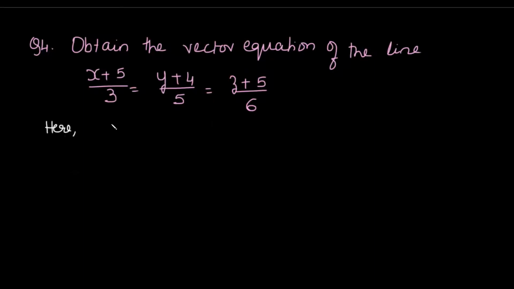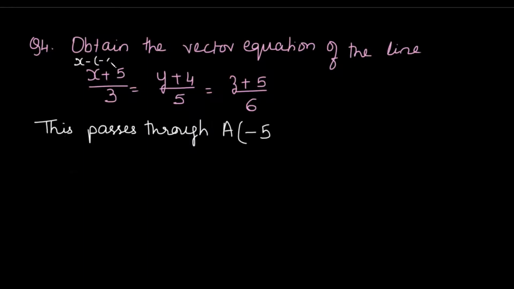the line passes through, or rather, this line passes through this point, that is A, which is minus 5 from these coordinates. We compare this to x minus x1. So we get x minus minus 5. So this is actually x minus minus 5. So the line passes through minus 5.